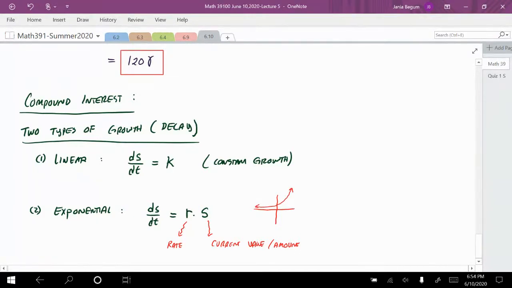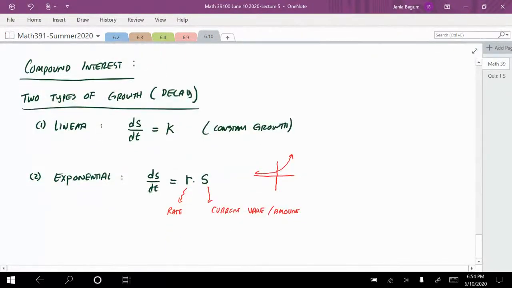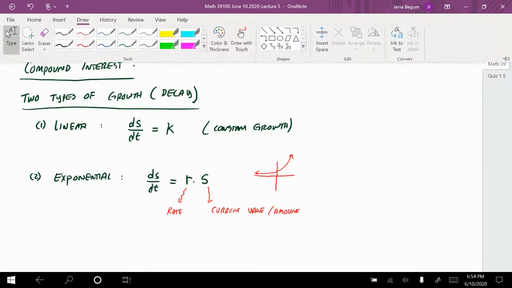That's the exponential that we're familiar with. Now, let me give you a definition of what is an exponential growth. Here's the formal definition.